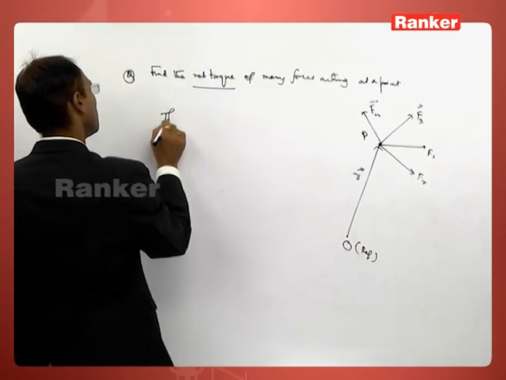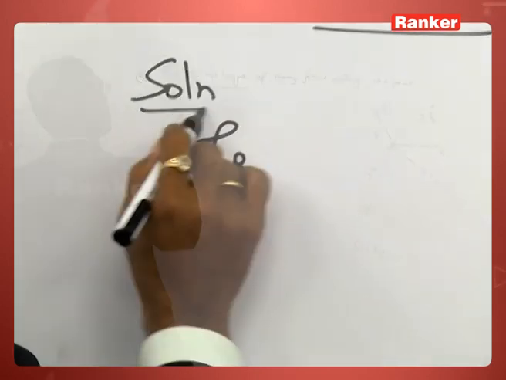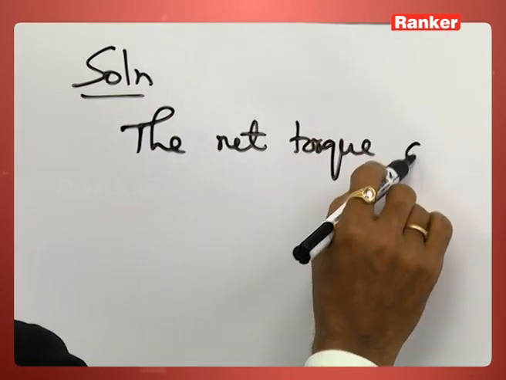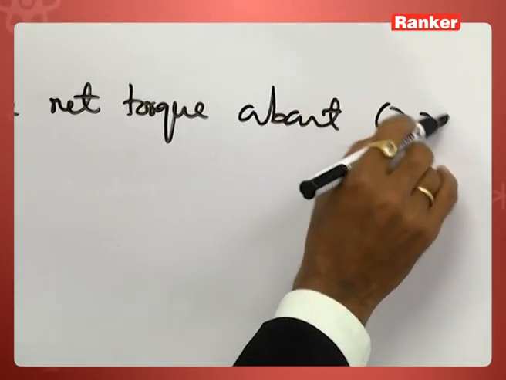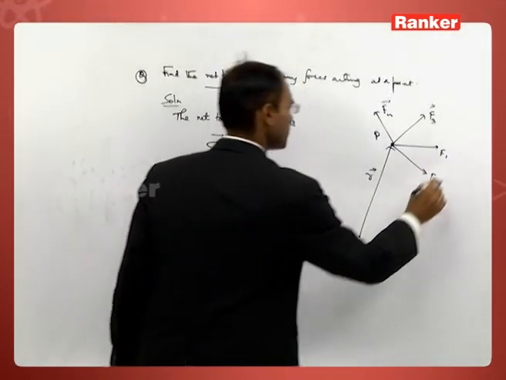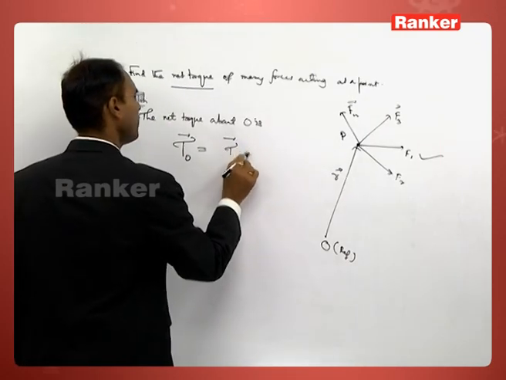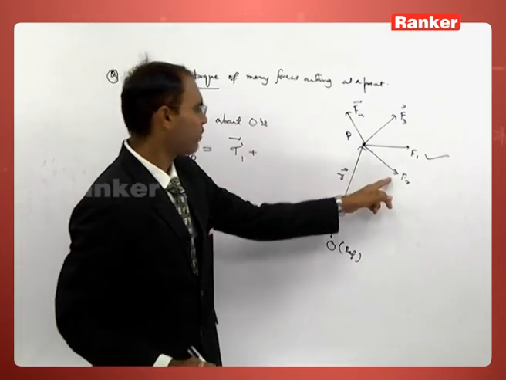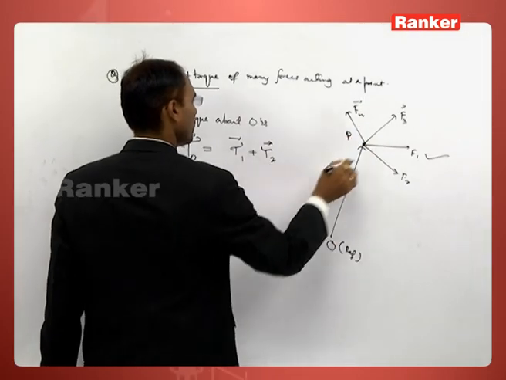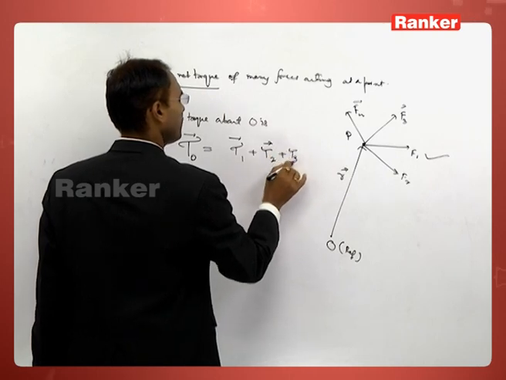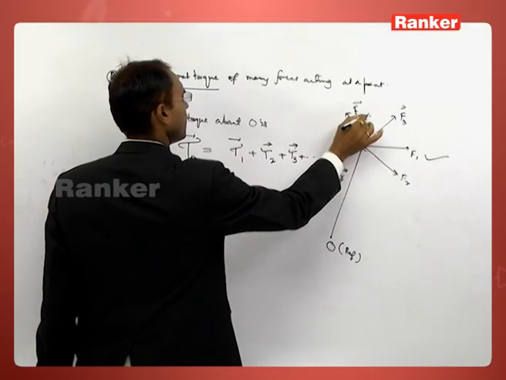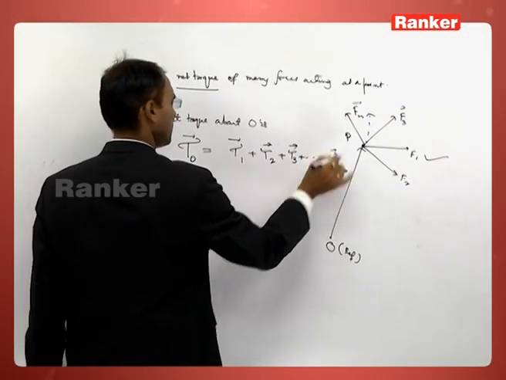The net torque about O is given as torque due to the force F1, that is tau 1, plus torque due to this force F2 about this point, that is tau 2, plus torque due to the force F3 about this point, plus torque due to the nth force about this point.